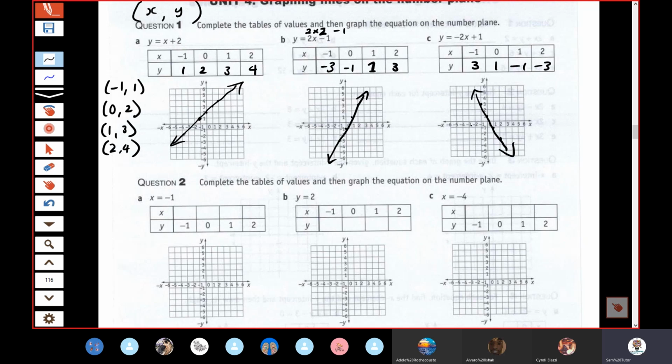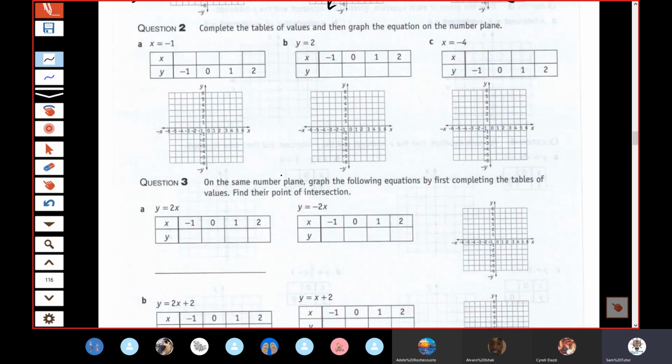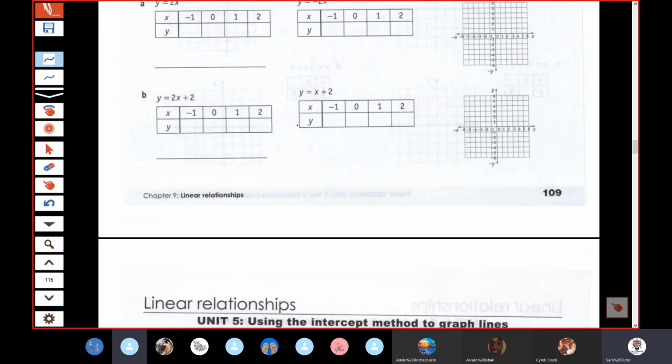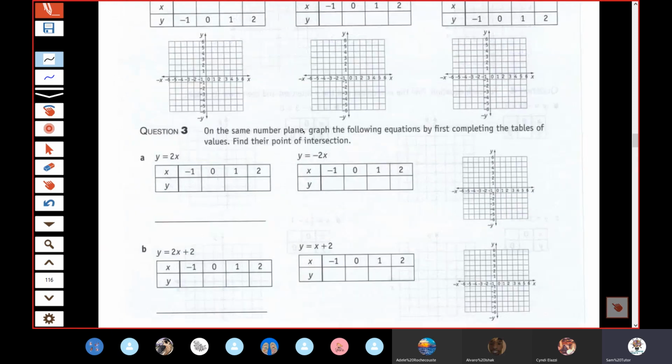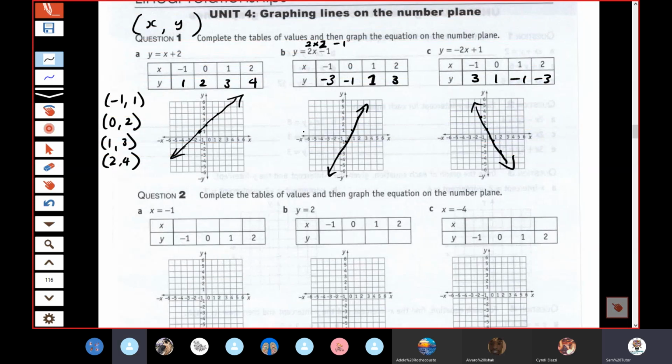Anyone have any questions for C? Okay. Hold on, let me just see. Sam, just really quick. Yep. Next to the question, do you have to write y equals x plus 2, for like A?